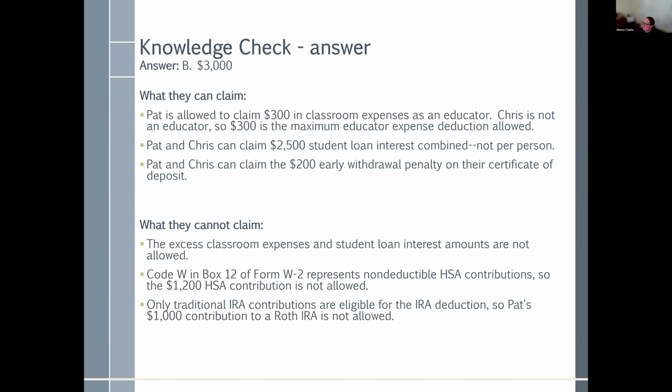And then his IRA contribution: he did a Roth IRA, remember, which makes that taxes upfront, no taxes later. So he doesn't get to subtract that $1,000 of adjustment for his IRA contribution because he did it as a Roth IRA. If he'd done a traditional IRA, he would have gotten that $1,000 off, and he would have had to pay tax on it when he took it out when he retired.